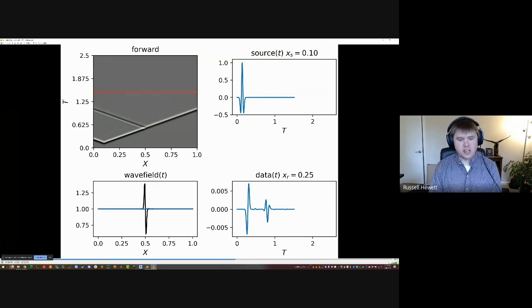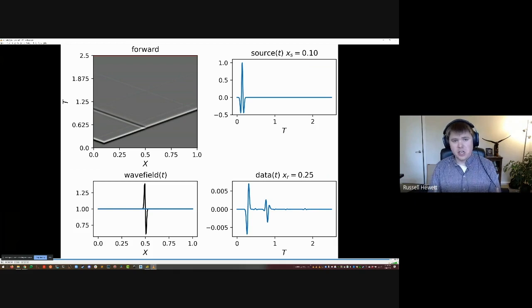And now we're just getting numerical imperfections reflecting back around inside my problem. We see that with the data on the bottom right. We get that big initial recording as the direct wave hits the sensor from the source, and then that next big blob is going to be the reflection back through the receiver.